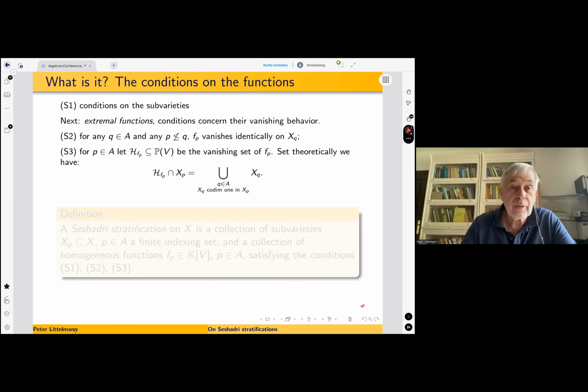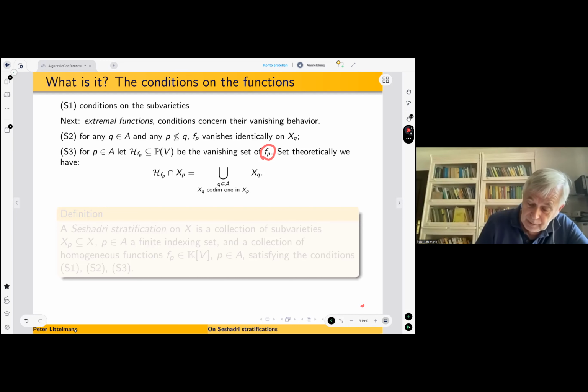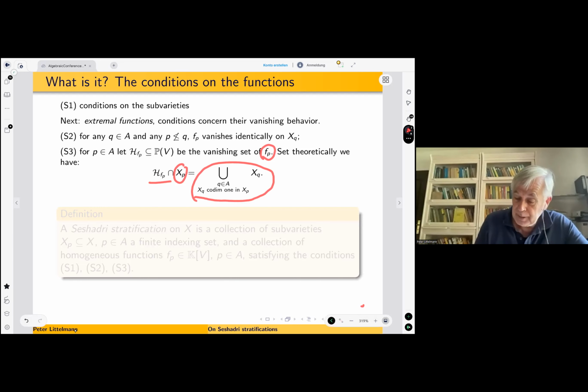And the other condition concerns the case when p is equal to q. So we have here our F_p and we have here our X_p. I have here the zero set of my function F_p, and I want to look at the intersection. And in this intersection, I want that this is a union of divisors. And these divisors are given by those elements in my collection which are of codimension 1 in X_p.